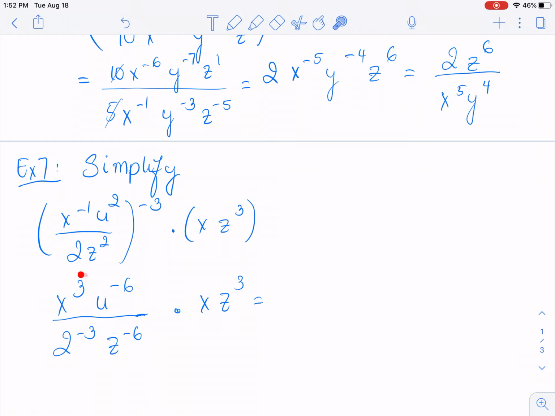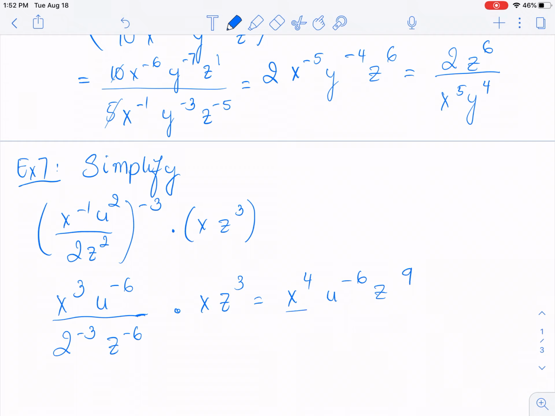So for x, we have x cubed and x right there. So we have x, 3 plus 1, that's 4. For u, I don't have anything, so I'm just going to keep it u to the negative 6 power. For z, because one's on top, one's on the bottom, we have a quotient. So it's 3 minus negative 6, which is positive 9.